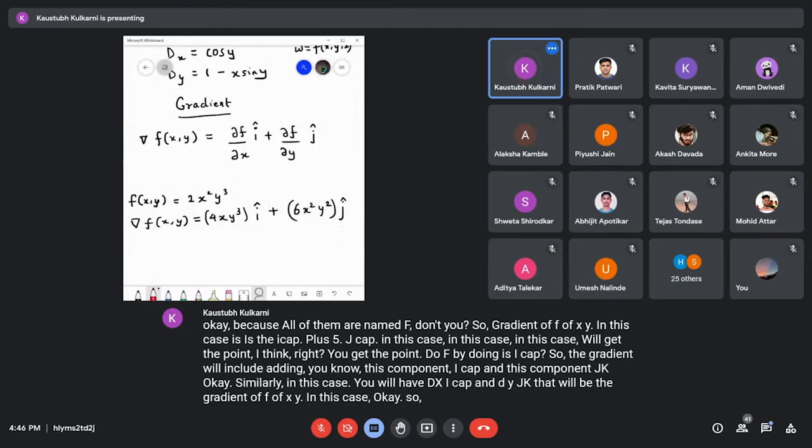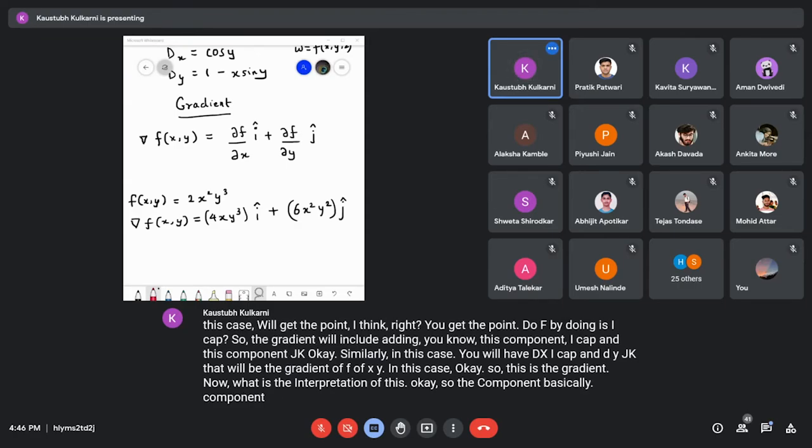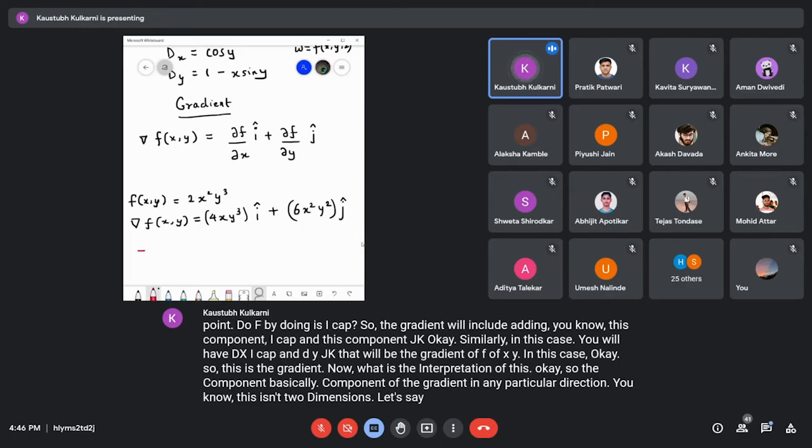Okay, so this is the gradient. Now, what is the interpretation of this? The component of the gradient in any particular direction. This is in 2 dimensions. We can also define it in 3 dimensions.